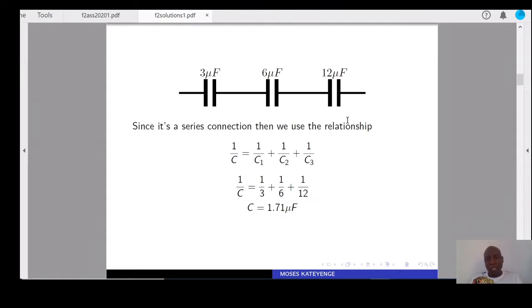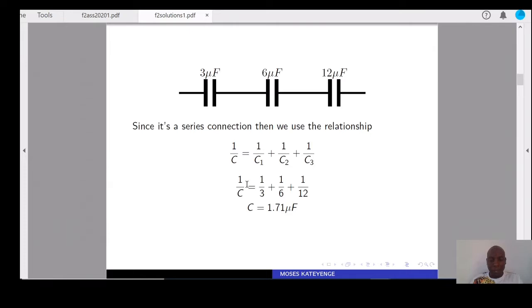Now, when capacitors are connected in series, the formula we use is 1 over C is equal to 1 over C1 plus 1 over C2 plus 1 over C3, where C1, C2, and C3 represent the different capacitors. In this case, there are 3. So C1 represents the first capacitor, C2 the second, and C3 the third.